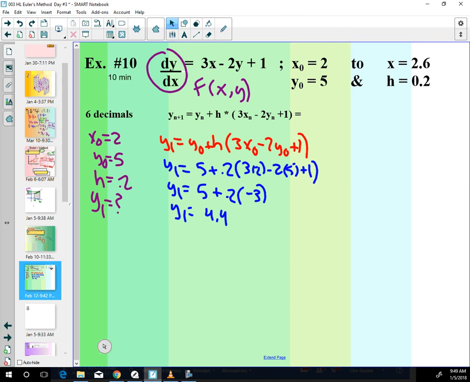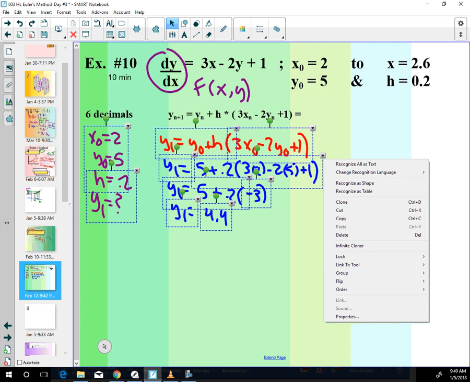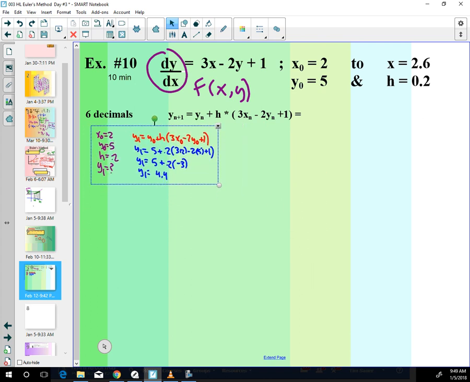All right, so then I like to shrink these a bit. There's the first step.